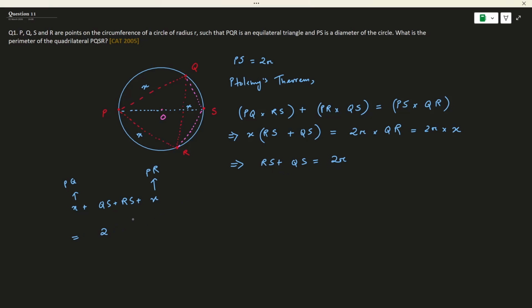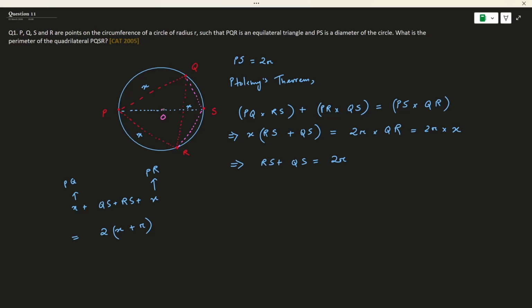I have already found QS plus RS is 2R, and X plus X is 2X. So I'll take 2 common and get 2 into X plus R. R is given in the question, but we are not given X. So we have to find X. How can we find X?